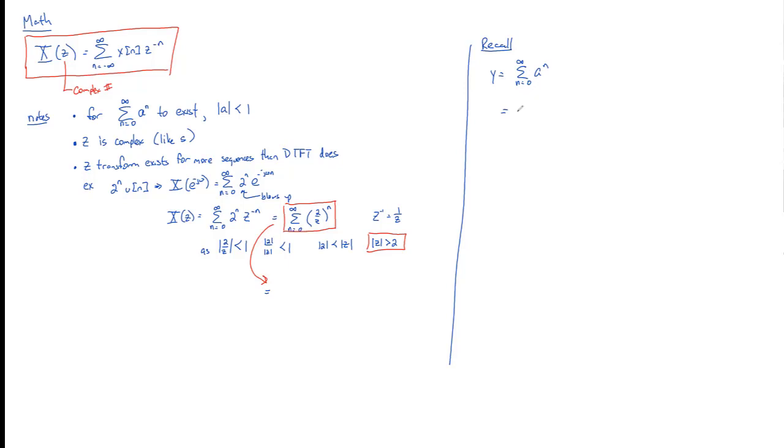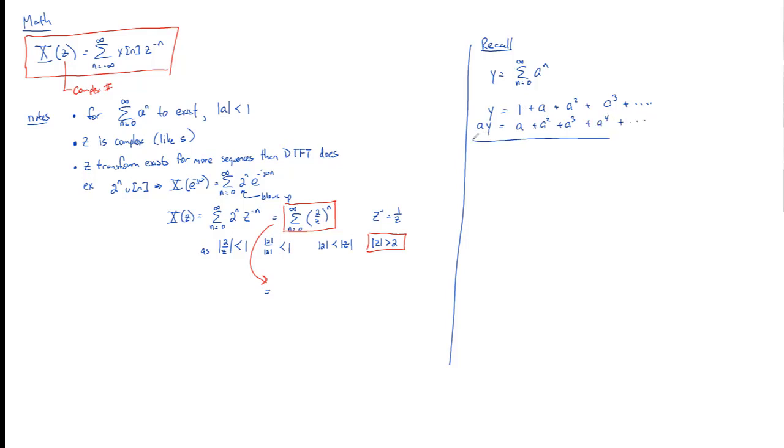That gives us a to the 0, which is 1, plus a to the 1, which is a. Continue on like that. Now we want to get rid of all these things, so we will multiply y by a. If this is y, we're going to multiply this by a. So 1 times a is a, this is a squared, this is a cubed.